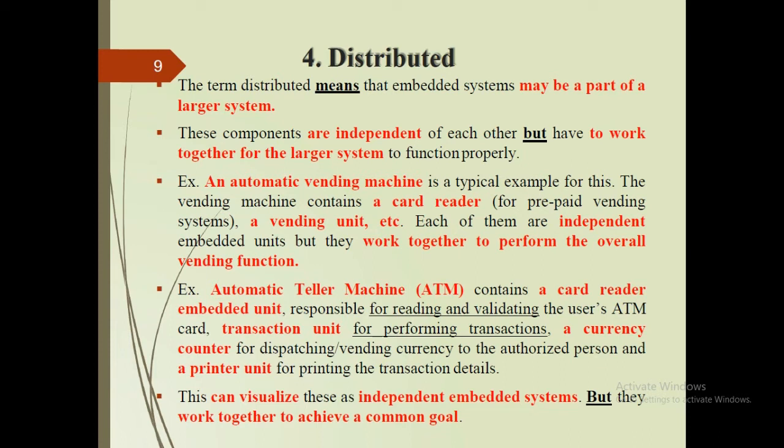The automatic teller machine contains a card reader, which is responsible for reading and validating the user's ATM card, a transaction unit for performing transactions, a currency counter for dispatching currency to the authorized person, and a printer unit for printing the transaction details. This is a complete distributed system. This can be visualized: each is an independent embedded system, but they are working together to achieve a common goal.